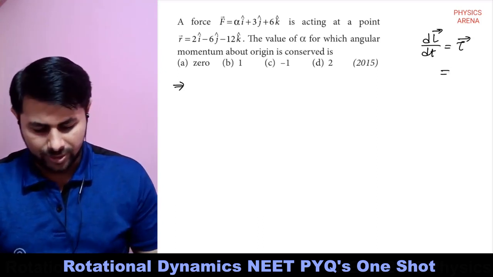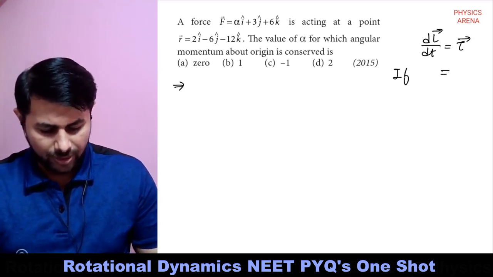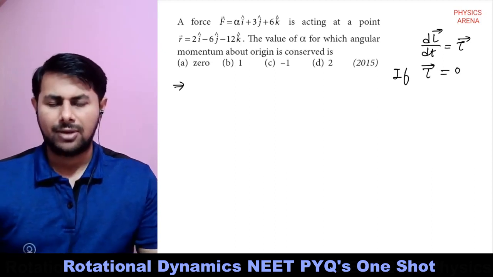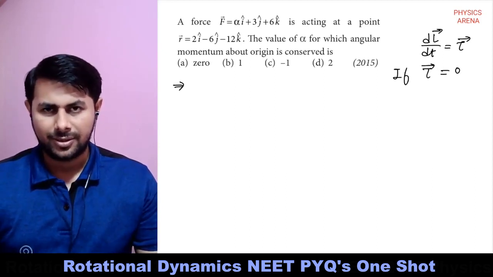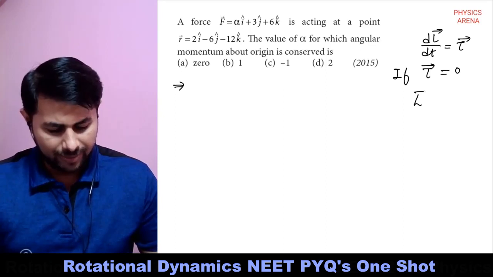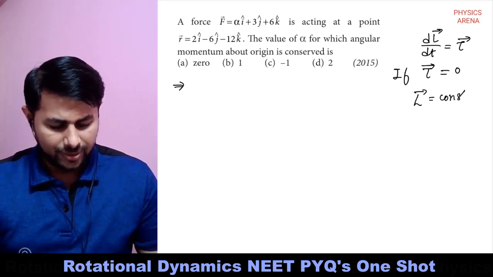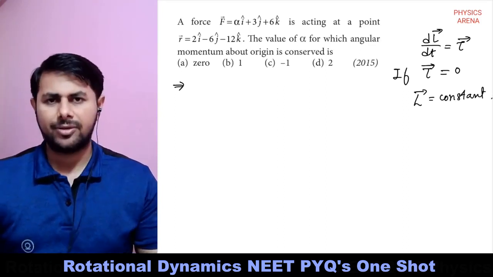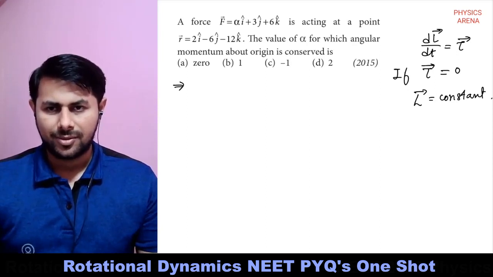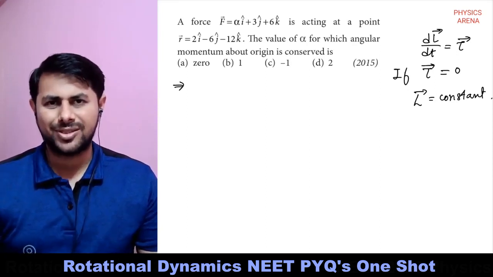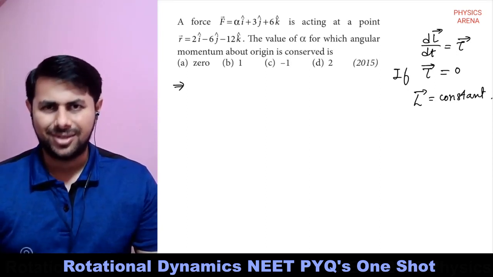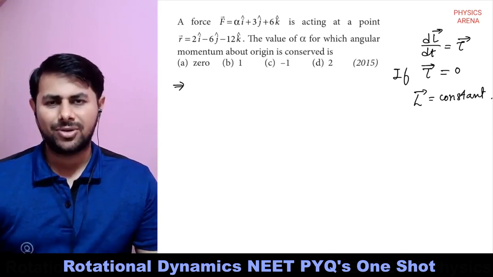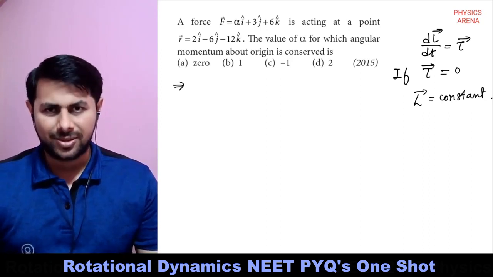So if torque is equal to 0, angular momentum will be constant, right? L bar will remain conserved. Just like when force is 0, momentum remains conserved, if torque is 0, angular momentum remains conserved.